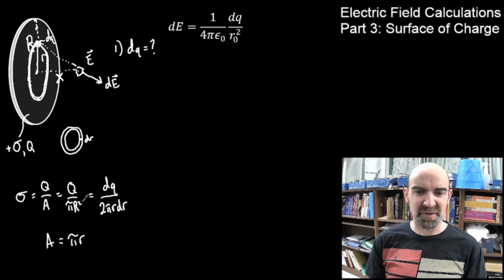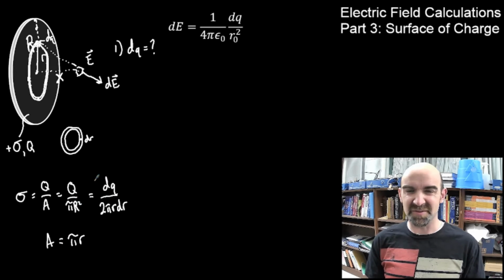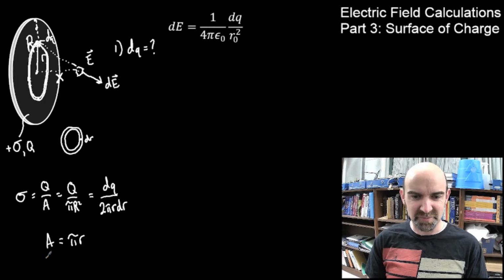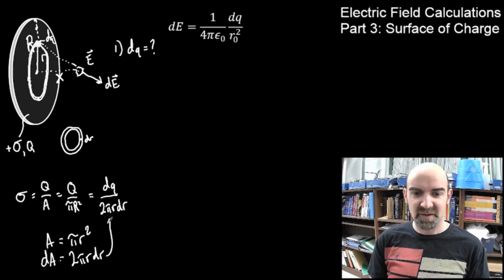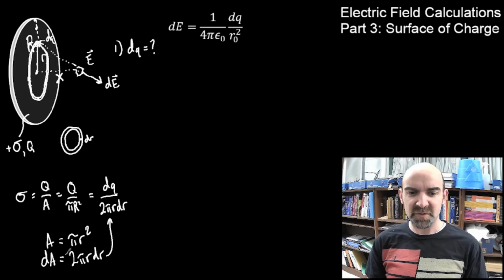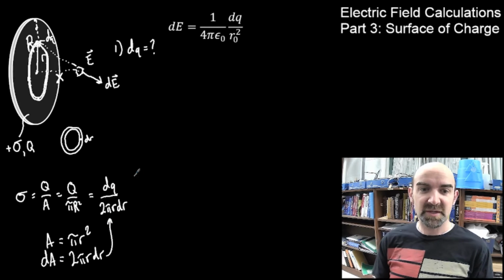Now sometimes people compare these two numbers here, and while it does have a little meaning here, the little piece of area dA for an area of pi r squared would be 2 pi r dr, and that does happen to be what we have up here. So that might be a way for you to remember this.